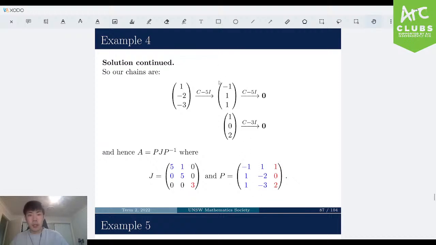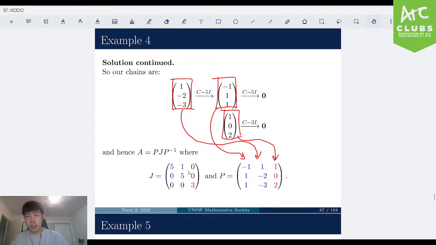So for example, this one will come here, this one will come here, and this one will come here. And then our Jordan matrix will just be filled up by the direct sum of our Jordan blocks. So our Jordan block of size 2 with eigenvalue 5, and our Jordan block of size 1 with eigenvalue 3.